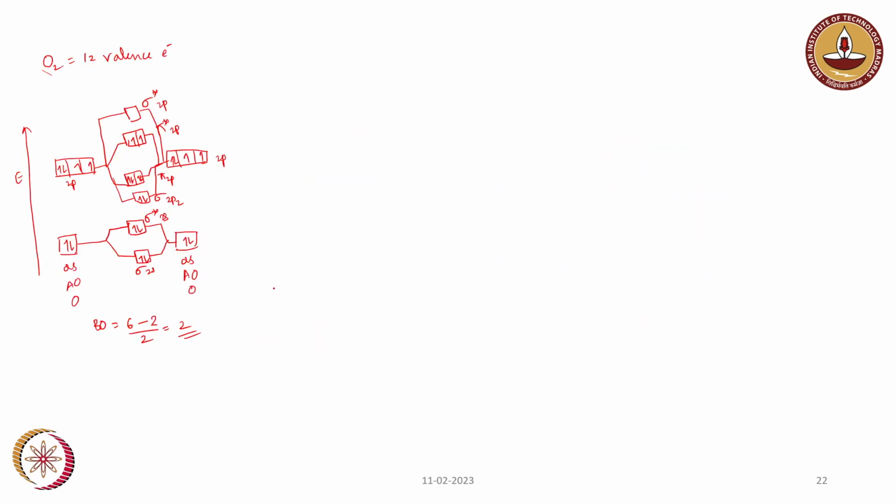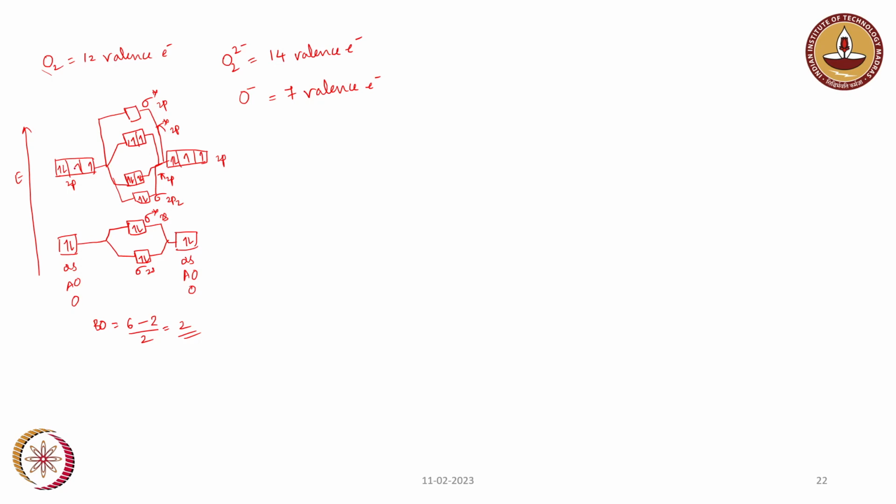Next is O2 2-, and in O2 2-, there are 14 valence electrons. That means each O- will have 7 valence electrons.